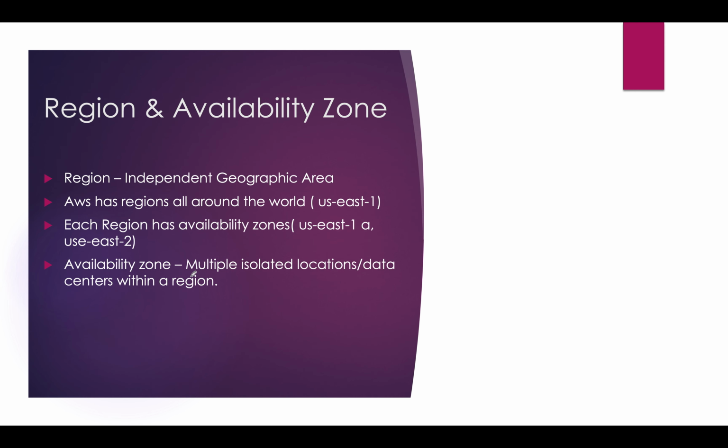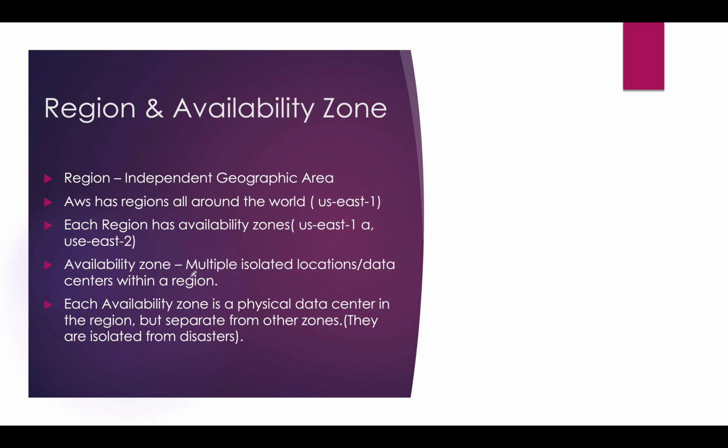They are all connected with a private network. Why? In order to interact with the other availability zone, it needs a network, some communication is required. If you want to know more about regions and availability zones, we can go and check in AWS. I will show you how to check regions and availability zones.